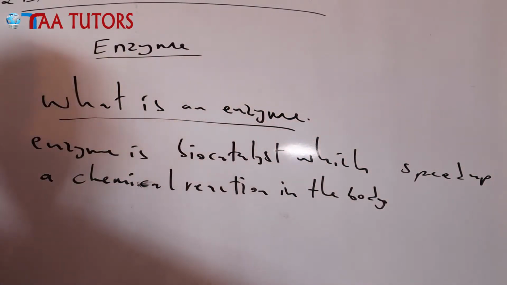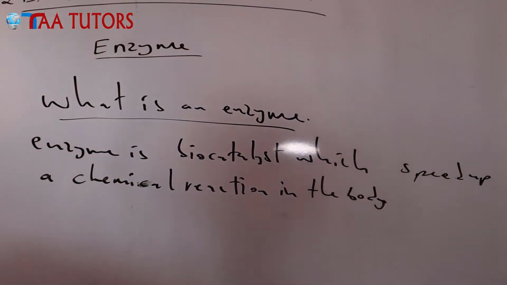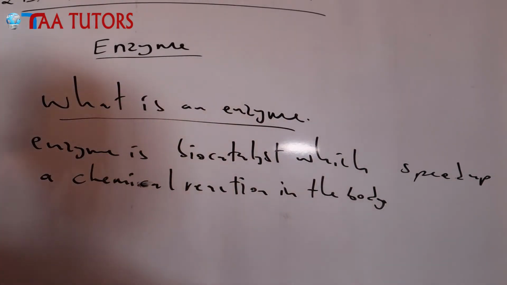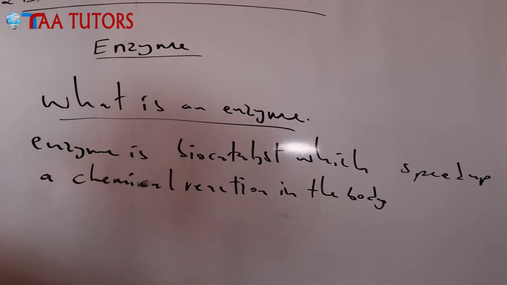So it is a biocatalyst that is speeding up a chemical reaction that is happening in the body or in the cells of a living organism. So enzymes are based in the cells of the living organism. We'll be seeing how this particular catalyst reacts.